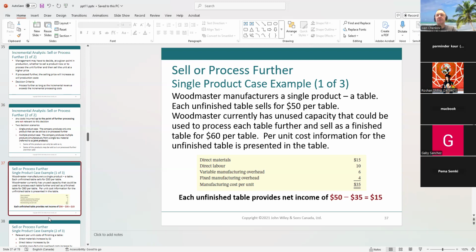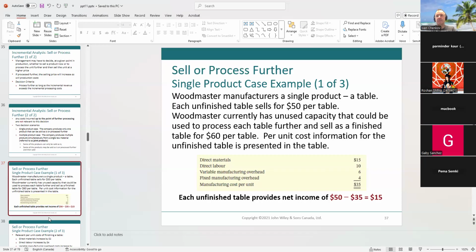Now, per unit cost information is given. Direct material is $5, direct labor is $10, variable manufacturing overhead is $6, fixed manufacturing overhead is $4. So at this point, the company generates $15 contribution margin for each unfinished table.